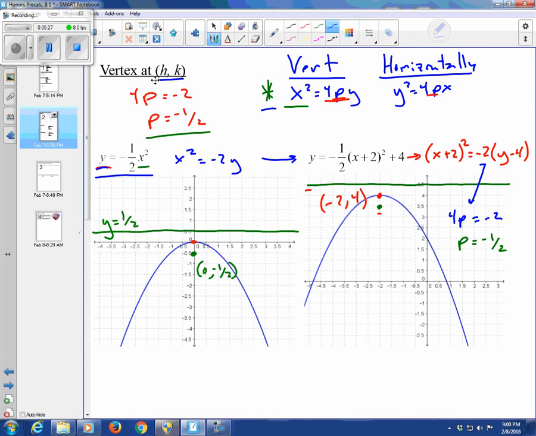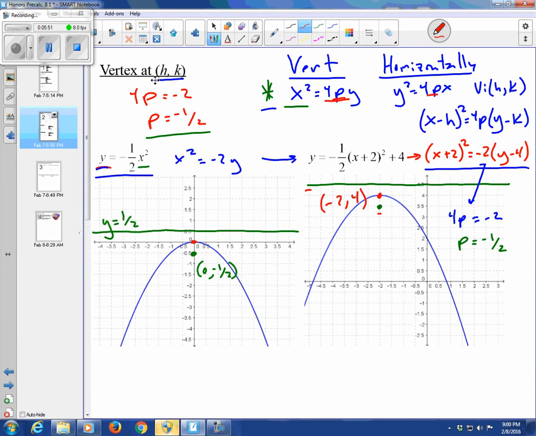And what we have with the form of the equation right here is a parabola of the form (x - h)² = 4p(y - k), where we have our vertex as (h, k).